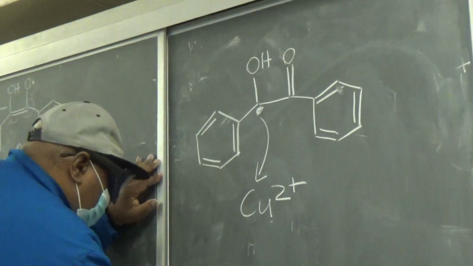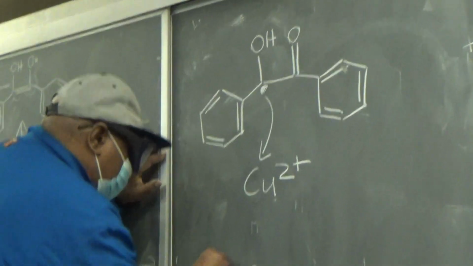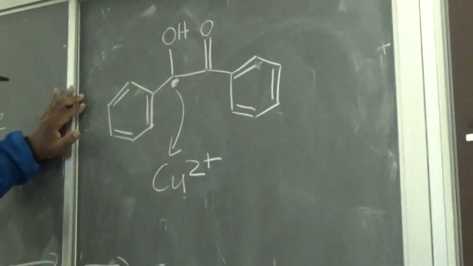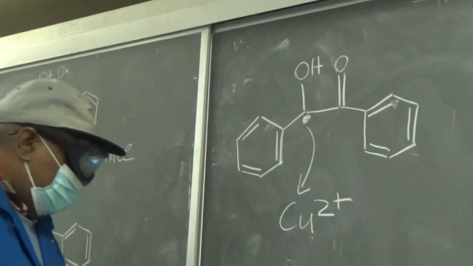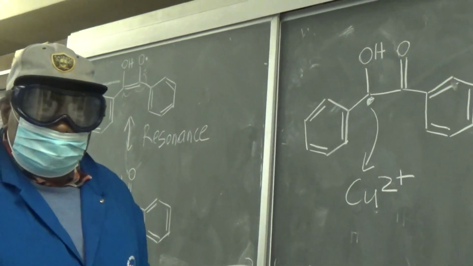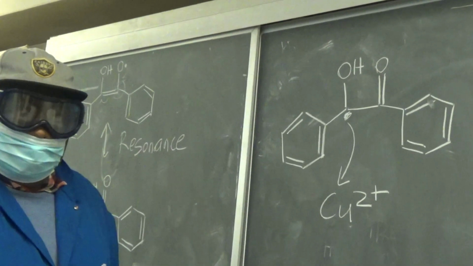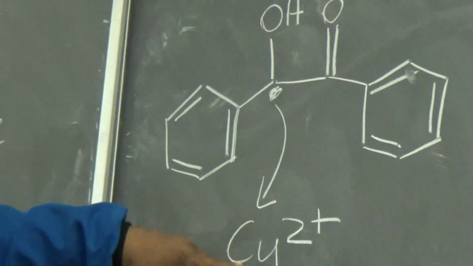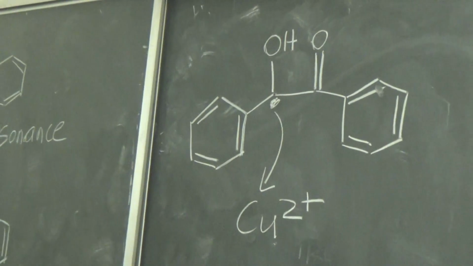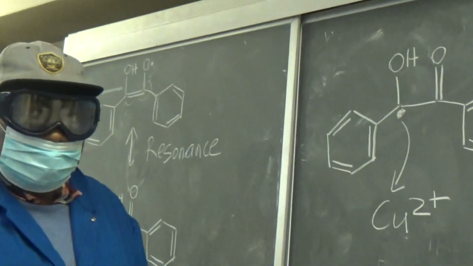I will draw the arrow here. It's weird because we often draw those arrows as moving to make a bond. That's not what that arrow means. In this case, the arrow means the electron is being lost. We don't have a good arrow for that, so we just do that.